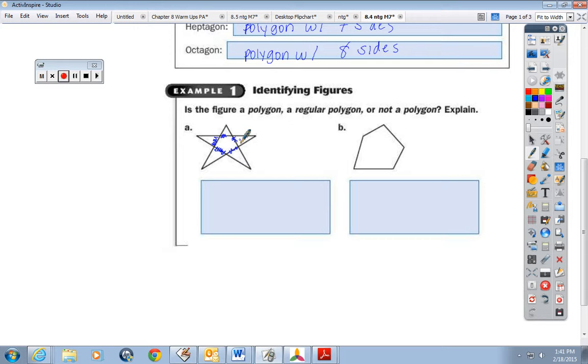So we would say not a polygon, and then we would say something along the lines of because the sides intersect at places other than just the endpoints.